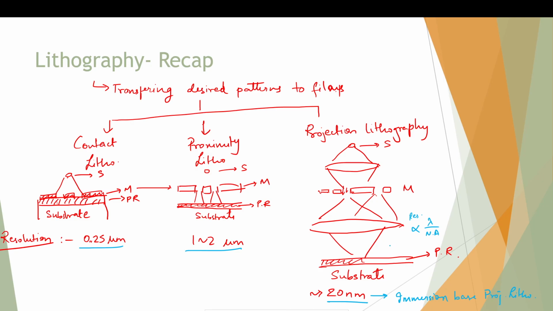So here earlier it was all air. Now we will put something like oil or some higher refractive index material, and because of that, this NA, which is nothing but n sin theta, where theta is the projection angle, will go up. So this n will go up, and because of that, this NA will go up, and because of that, lambda over NA will go down. So the smallest line that I can write, that is my resolution, the smallest line will be very small. So that means the resolution is better.